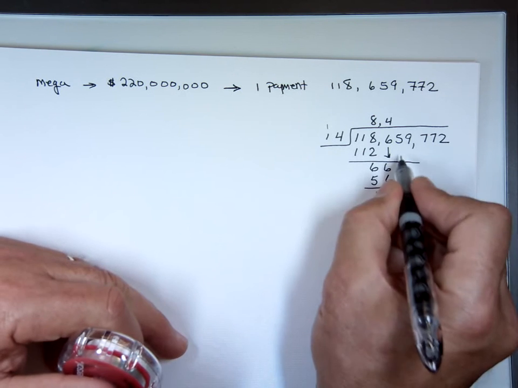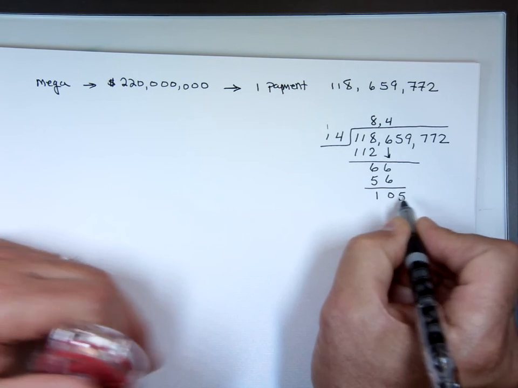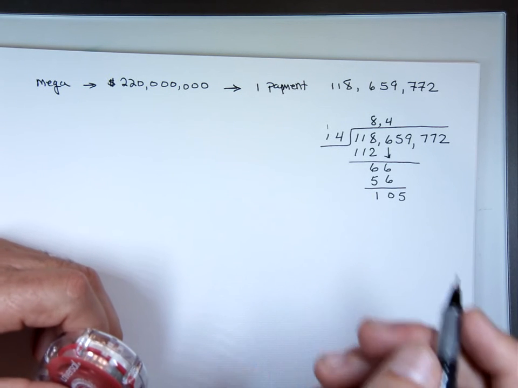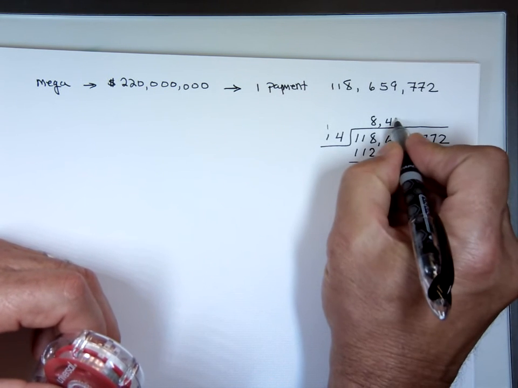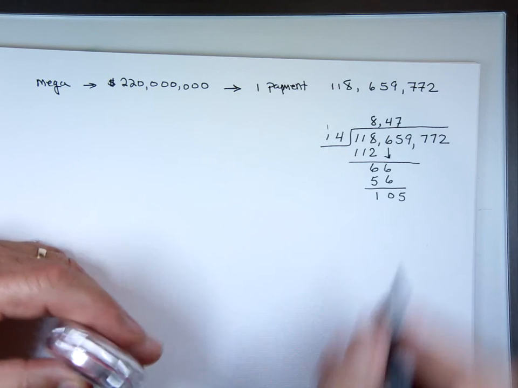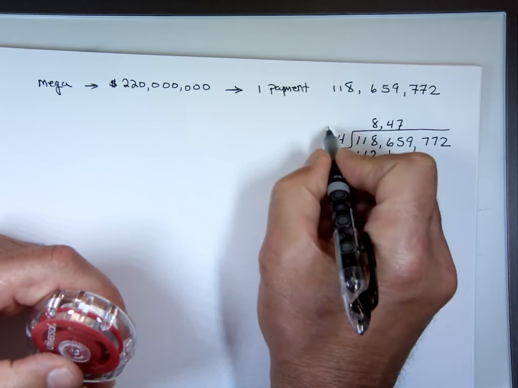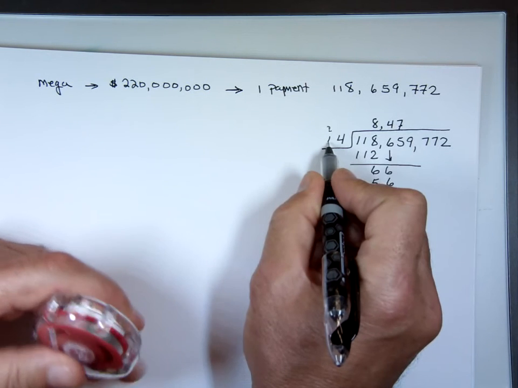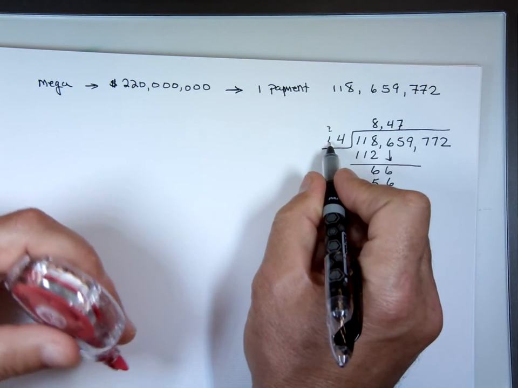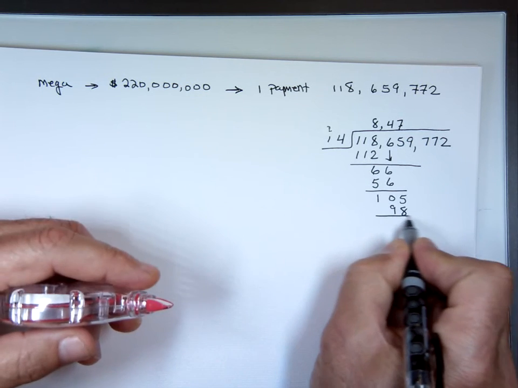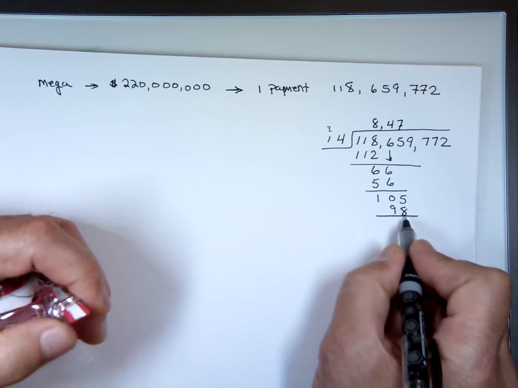Bring that 5 down. 105. Might be a 7, I think. 7 times 4, 28. 7 times 1, 7. And 2, 9. What's the remainder? 8 from 15, 7.